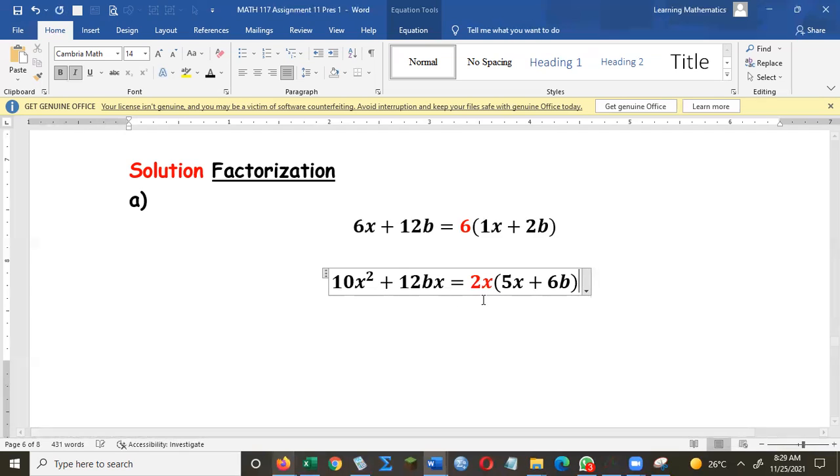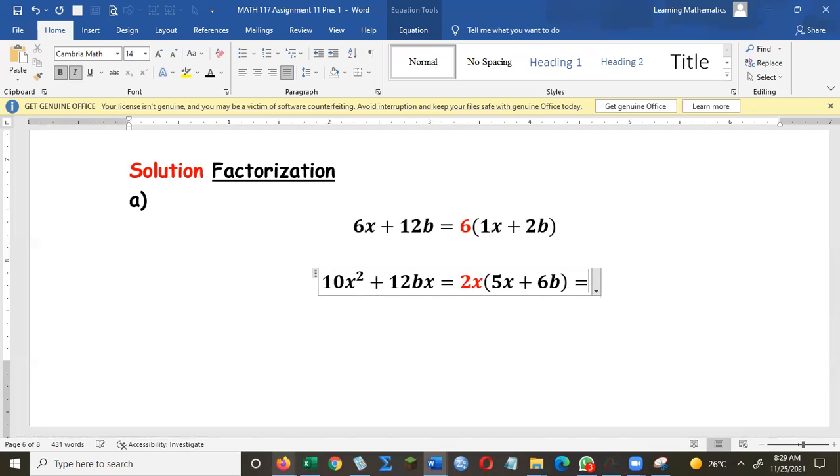You don't have to write the 1. The x cancels out. Okay, any letter divided by itself is 1. B divided by b is 1. x divided by x, the x cancels out and you close your bracket.